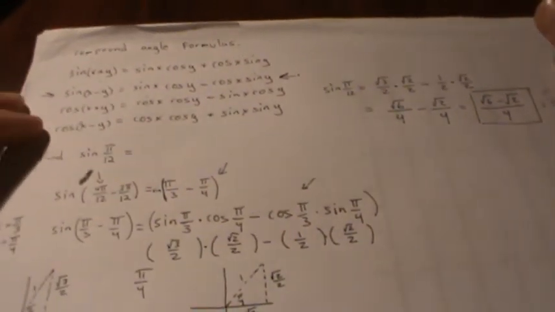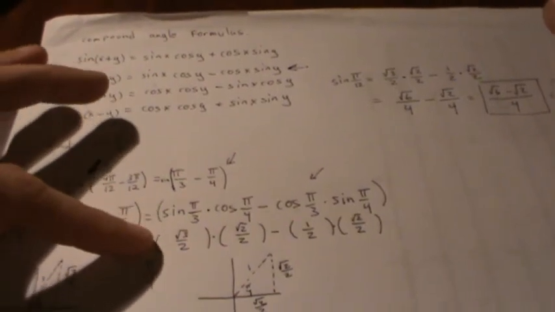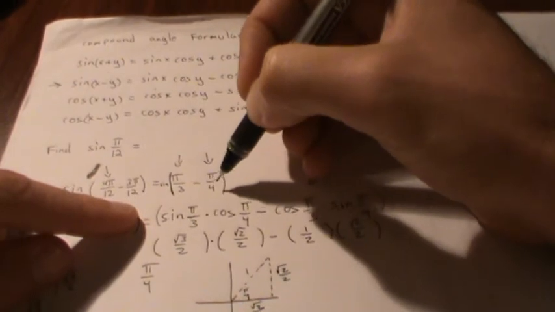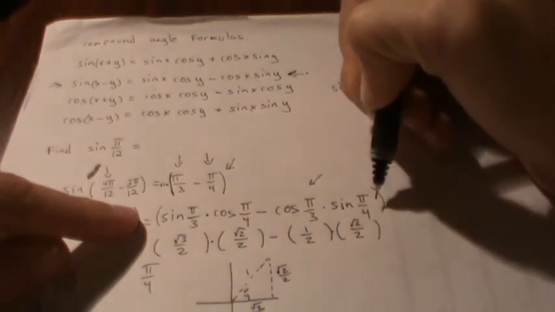Okay? And so, in the end, we basically use the compound angle formulas and skills that we previously learned for the special angles to figure out what the sine of pi over 12 is. One thing to note is when you rewrite pi over 12 as the sum or difference of two angles, those two angles must simplify down to an angle and another angle that you can use the special angles for.